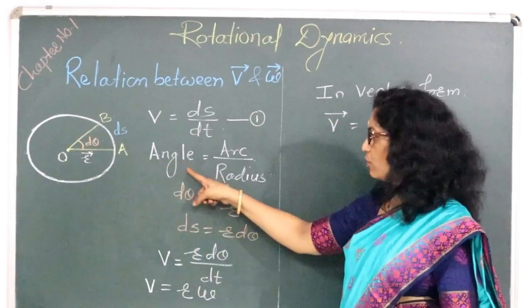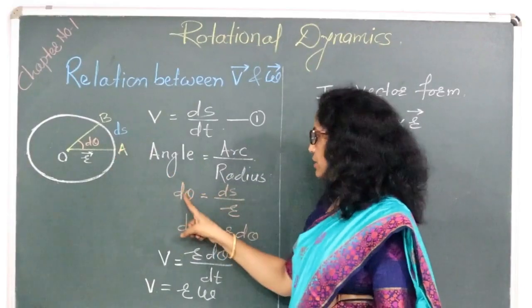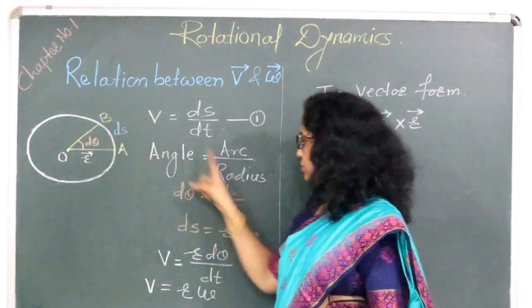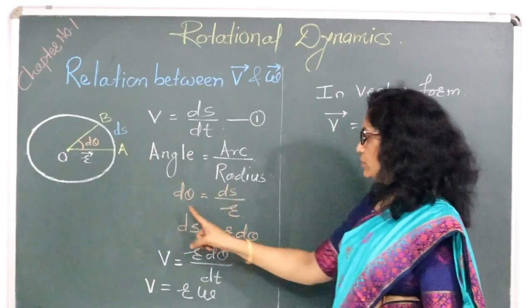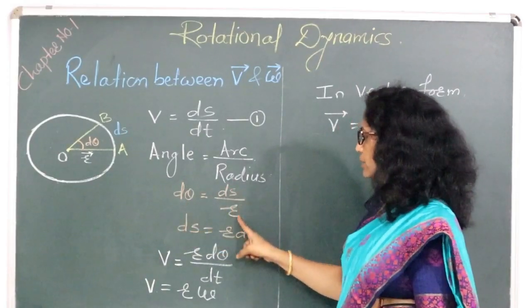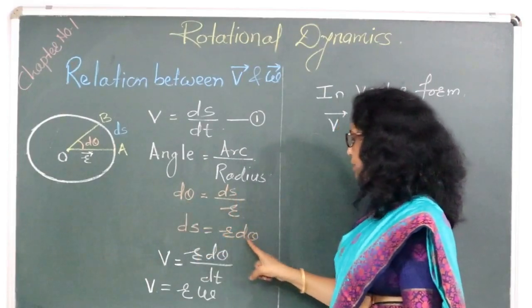You know the formula: angle is equal to arc upon radius. Here angle is d theta, arc is ds and radius is r. Therefore, ds is equal to r into d theta.